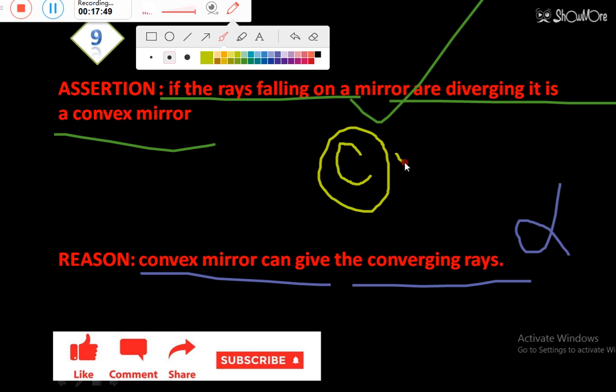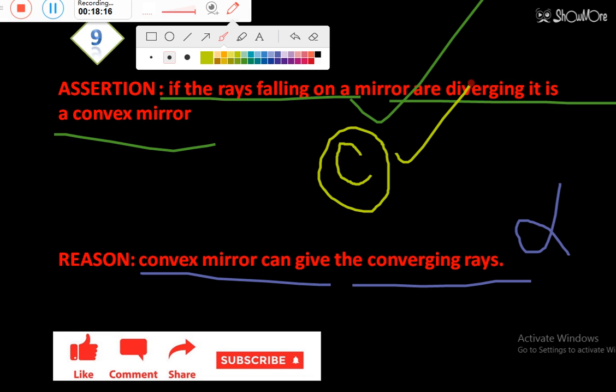Basically students, assertion reasoning questions you can attempt only in a particular case in which you know the concepts. If you do not know the concepts, if you are just cramming them, or you are depending on multiple choice questions or on others, then you cannot do these questions at your end.